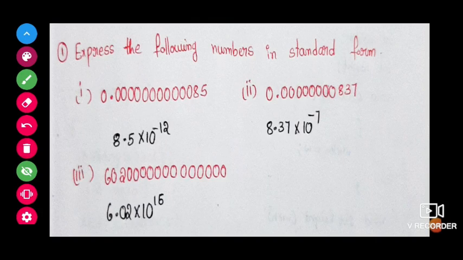Take here 1, 2, 3, 4, 5, 6, 7, 8, 9, 10, 11, 12. So I am moving the point from here to here. So 8.5 into how many places am I moving? 12 places towards the right side. So we will write it as 8.5 into 10 to the power minus 12.